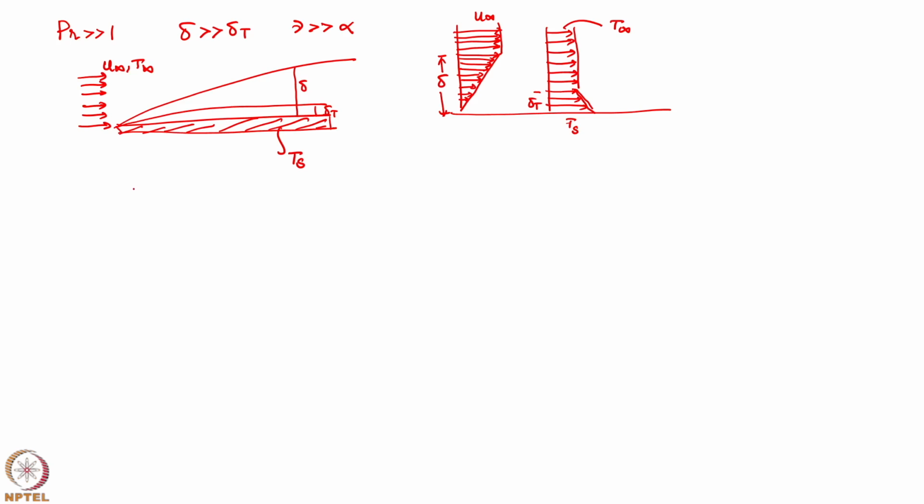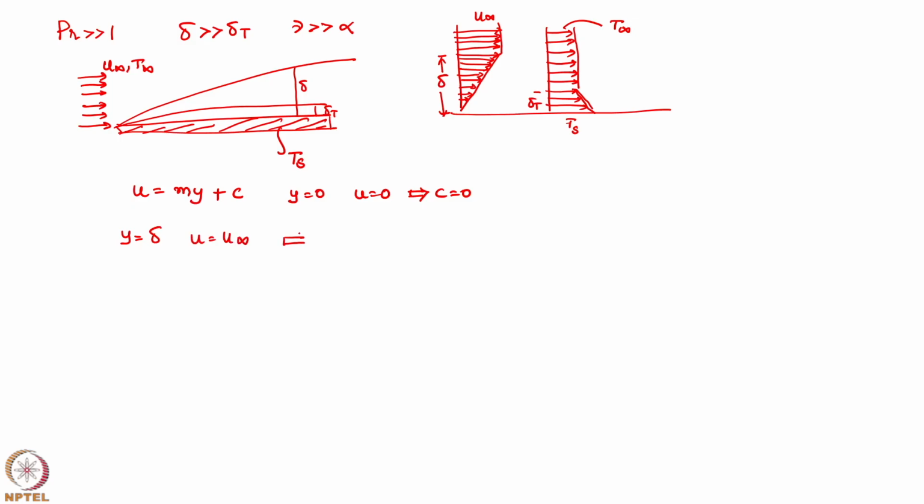The velocity profile has to be varying linearly, u equal to my plus c. At y equal to 0, u equal to 0 implies that c equal to 0. But when y is equal to delta, u is equal to u infinity.